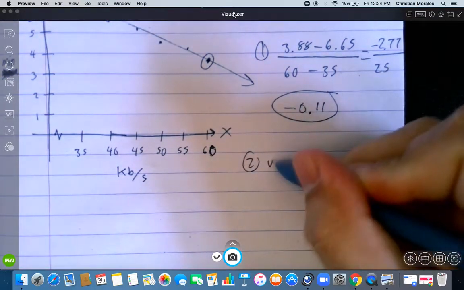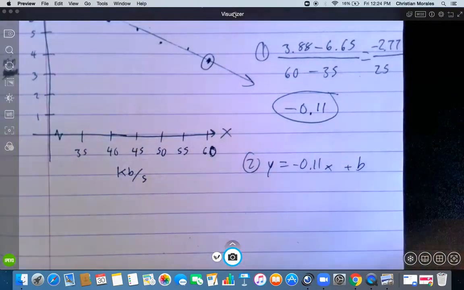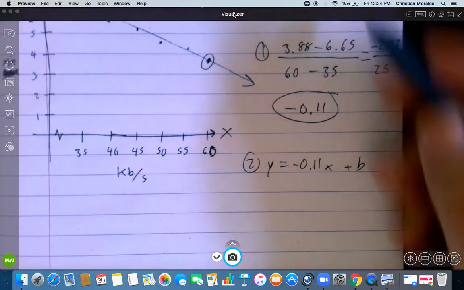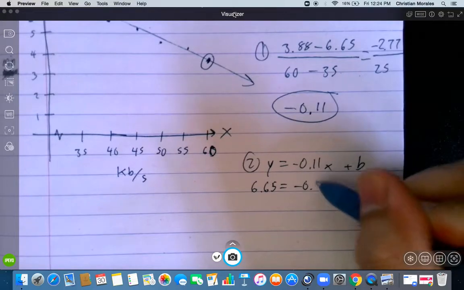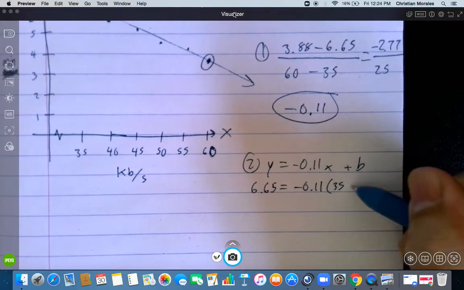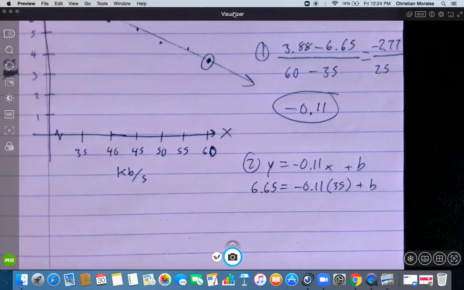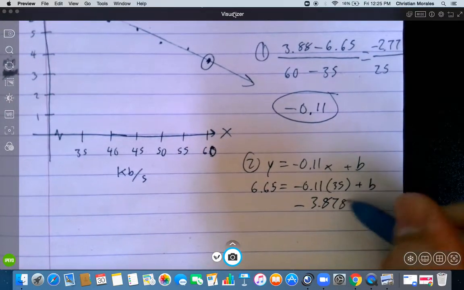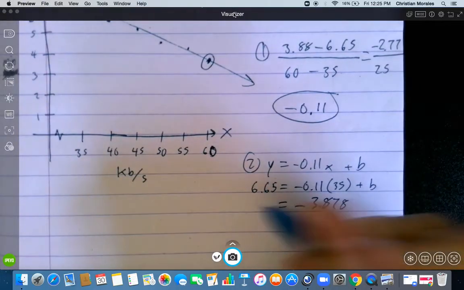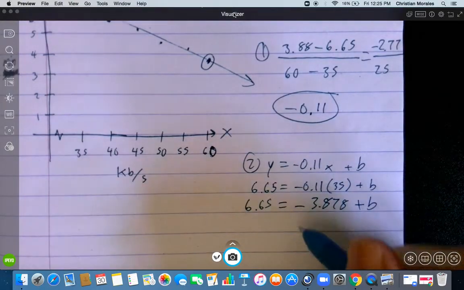Okay, step number two. I'm going to find b using negative 0.11. And I'm going to take one of the points that I used. I'll use the smaller point. So the y is 6.65 over here, and 35 goes over here. Okay. First thing I'm going to do is multiply negative 0.11 times 35, and I get negative 3.878. I'm rounding. I've got to solve for b, so the opposite of doing this is to add.